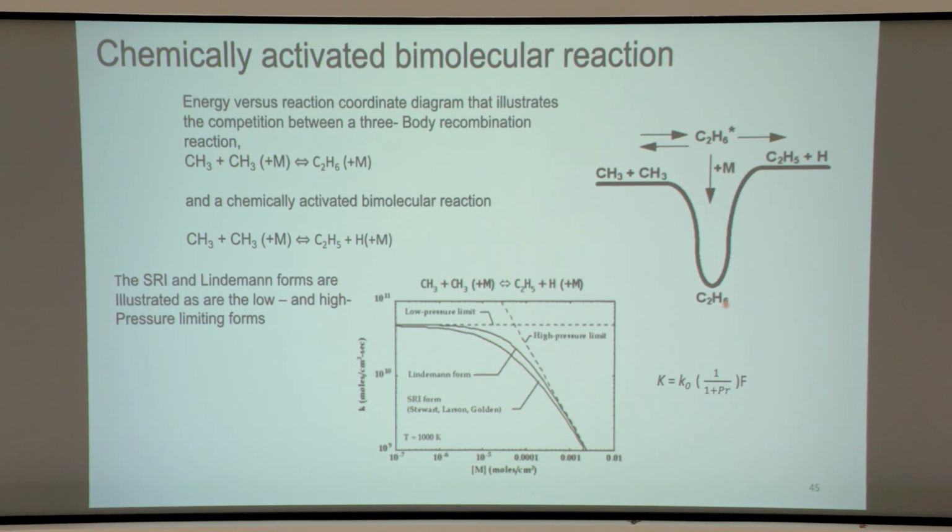And the dissociation goes back up to CH3 plus CH3. In addition, ethane could decompose by losing a hydrogen to C2H5 plus H. Now, a chemically activated bimolecular reaction is one that skips the well in the middle. So in this case, CH3 plus CH3 can skip over this well and go directly to C2H5 and H.